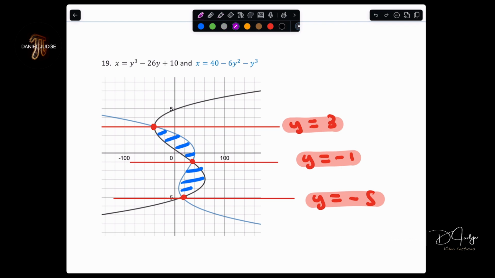When we draw those approximating rectangles, we have that intertwined situation. Doesn't look like we could use any sort of symmetry here. It's not a symmetric interval.